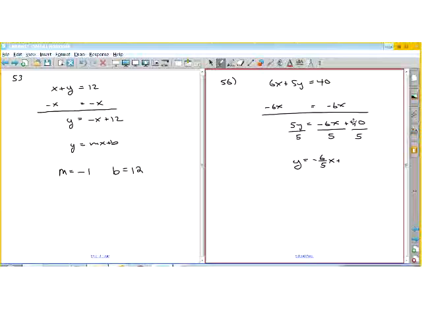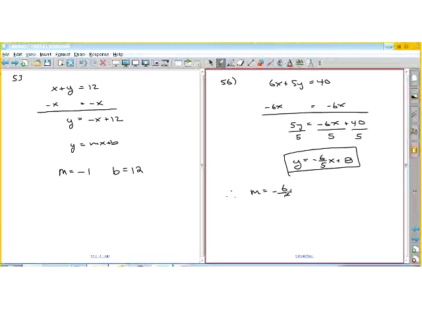And then the second one is, what are they called? Not irrational, but improper fraction. But in this case, actually, you can simplify it because 40 is divisible by 5. So we get 8.